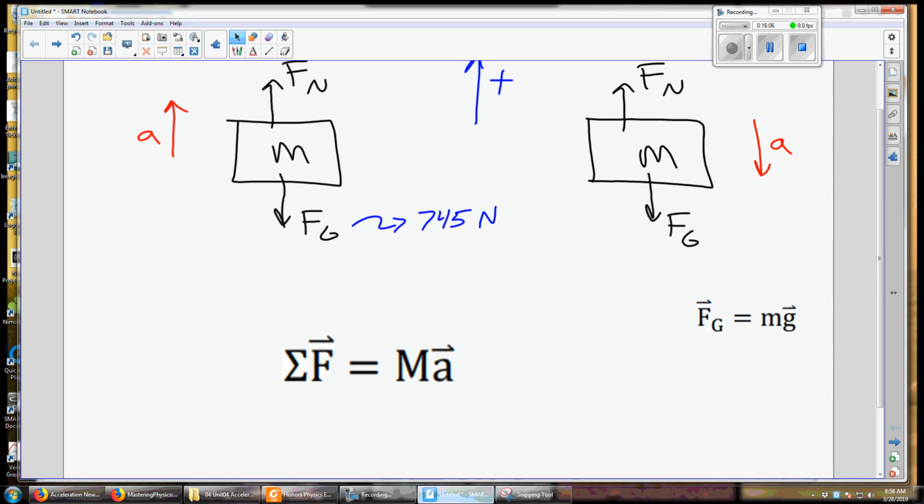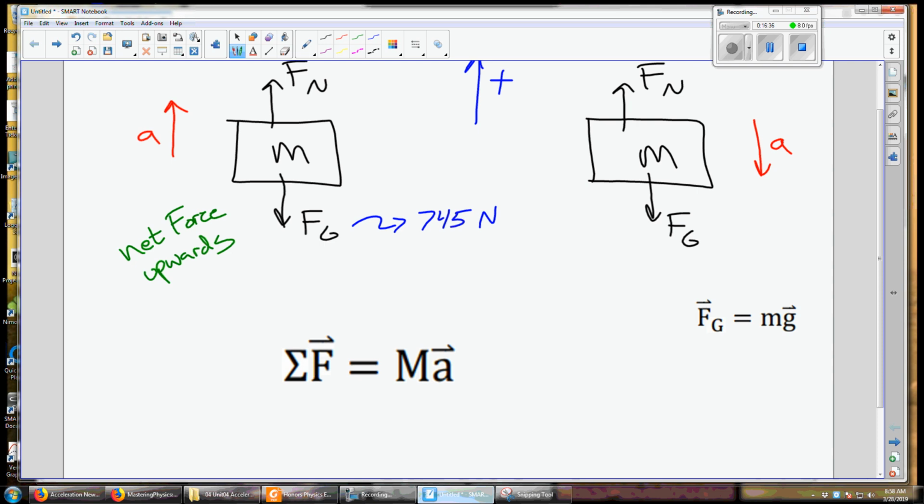The net force must be upwards. So, that might be a nice little note to have over here. Net force upwards. Because my net force and my acceleration are always in the same direction. Can never not be true.